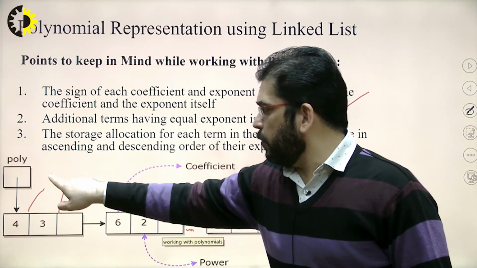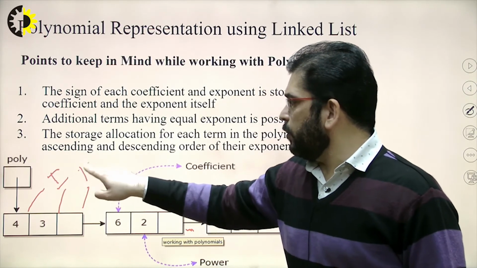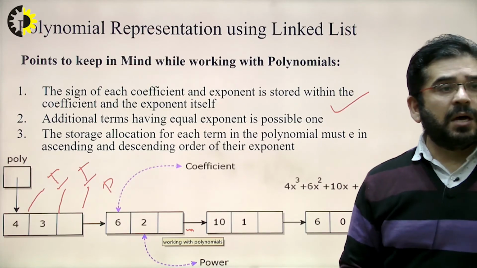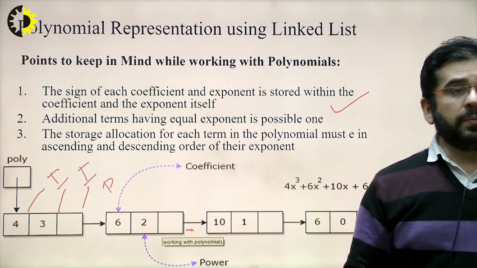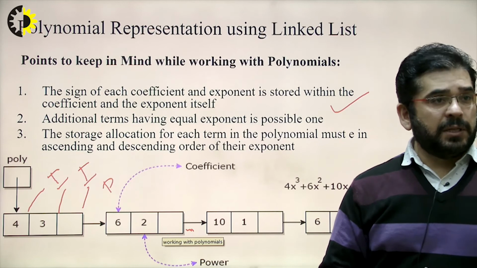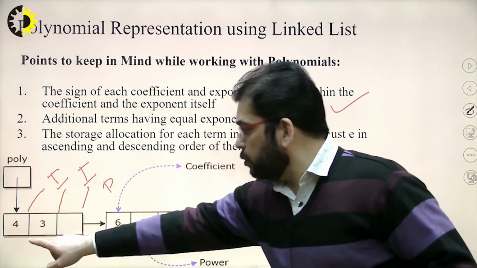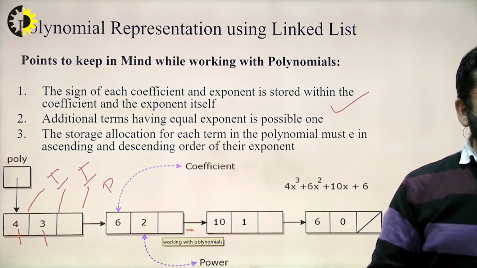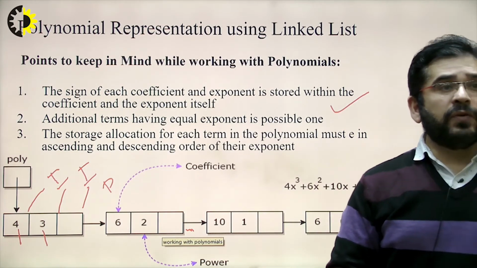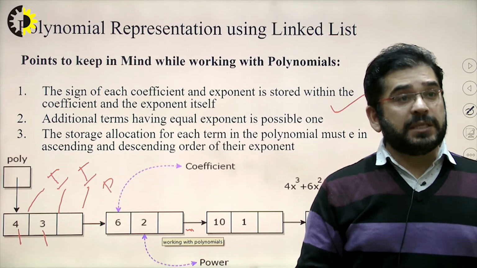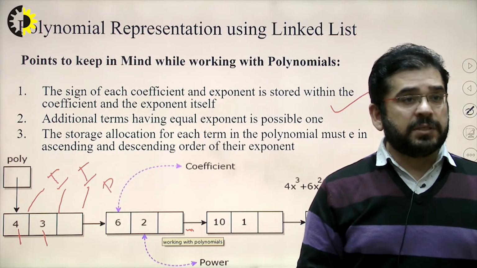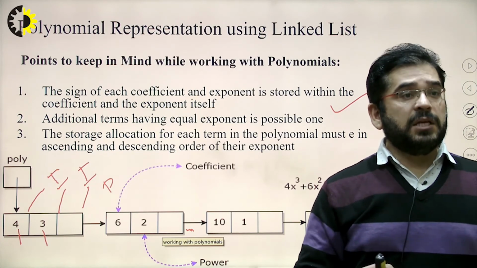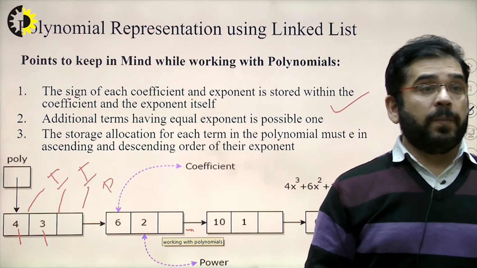One is the info part, another is also an info part, another is the pointer part. The pointer part connects the node with the next element in the linked list, and the info part stores two things. One is the coefficient, another is the exponent. So the sign of each coefficient and exponent is stored within the coefficient and the exponent itself, whether it is a positive integer or a negative integer. In the linked list, in the info part, these signs will be stored within the info part itself.